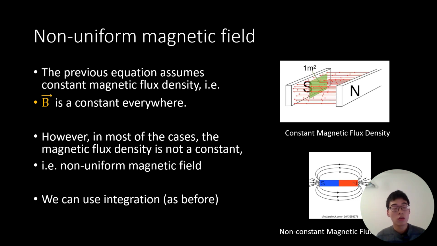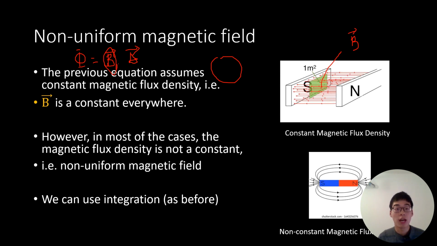In order to calculate the phi value, which is equal to B dot A, that means crossing the area A, it has a constant B over it. Like in the first example, we take this rectangular square. Everywhere on this square has a constant B, so we can just directly times B with the area A.